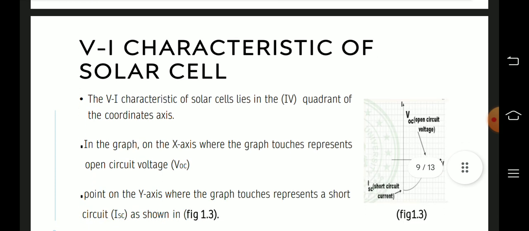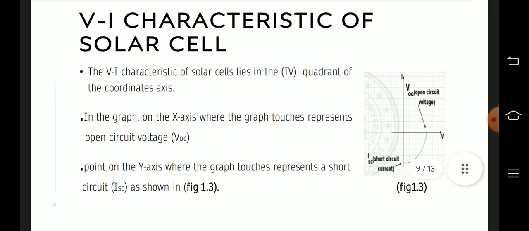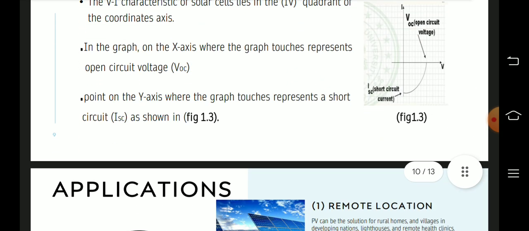And this is the graph of the solar cell. The VI characteristic of a solar cell lies in the fourth quadrant of the coordinates. On the x-axis we plot voltage, that is open circuit voltage when the circuit is open. On the y-axis we plot ISC, that is short circuit current.